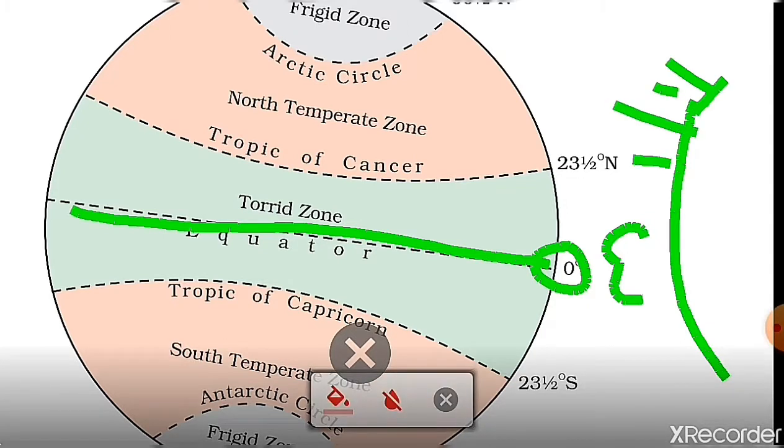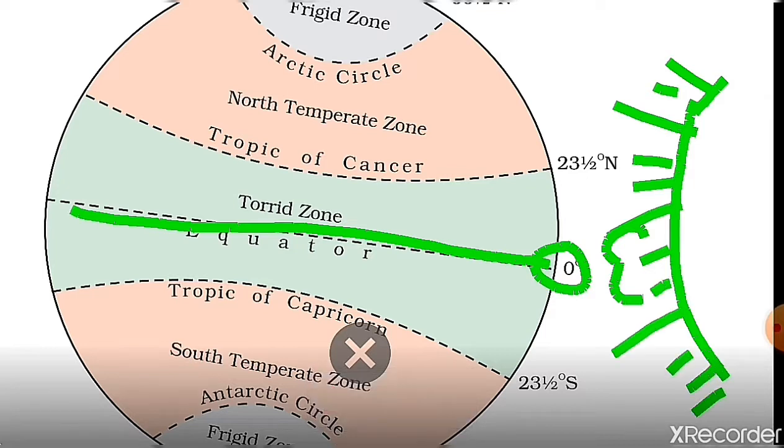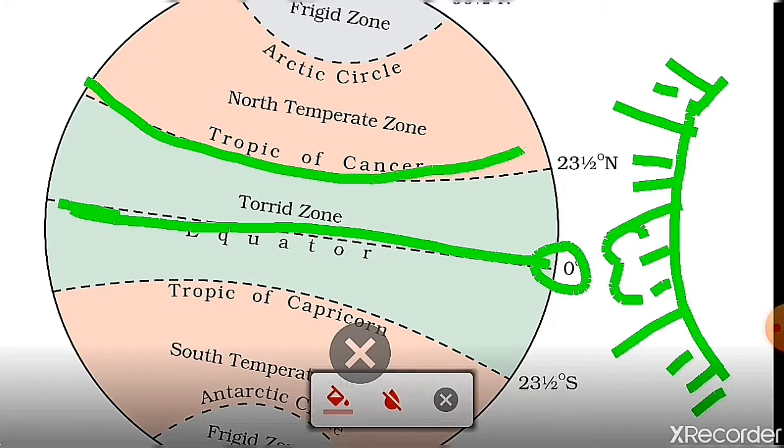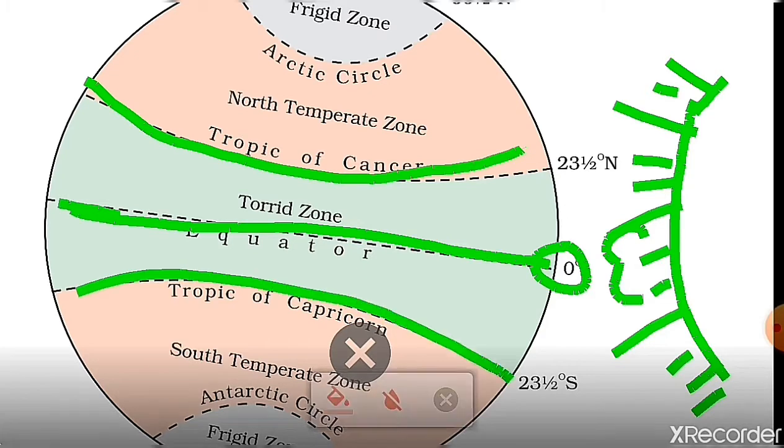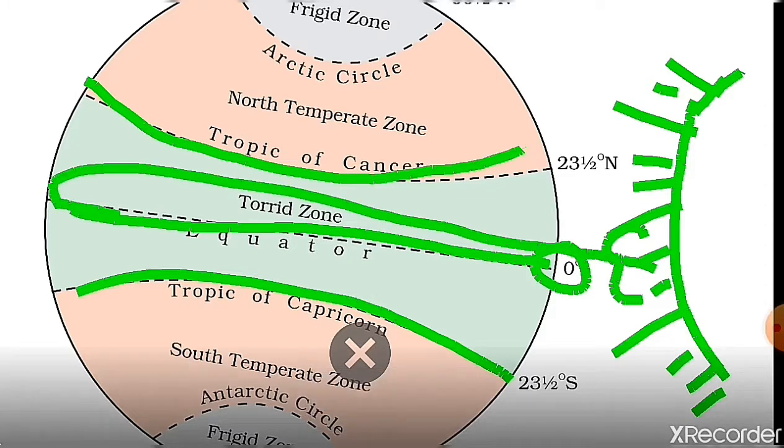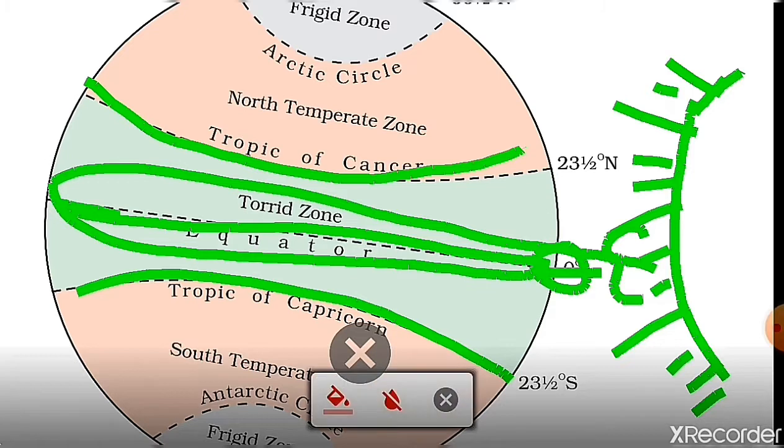You can find the sun here also. Then you will have to know that this is the Tropic of Cancer and the Tropic of Capricorn. In one year the midday sun will be overhead in this zone, and that zone will be the torrid zone. Okay, that is the torrid zone.